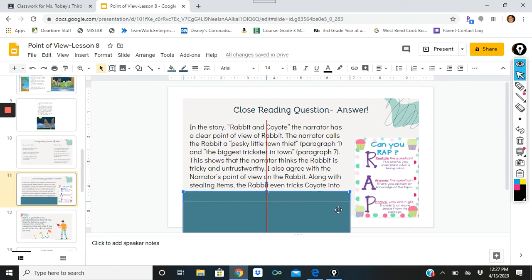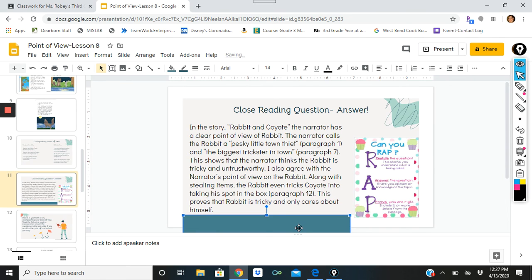Now, the next part says, along with stealing items, the rabbit even tricks Coyote into taking a spot in the box. And that's from paragraph 12. Did I provide some evidence? Yeah, now because I did have 2 pieces of evidence at the top, it's okay if I only put maybe 1 additional example. That is perfectly fine. But I do need to talk about, what did I view?